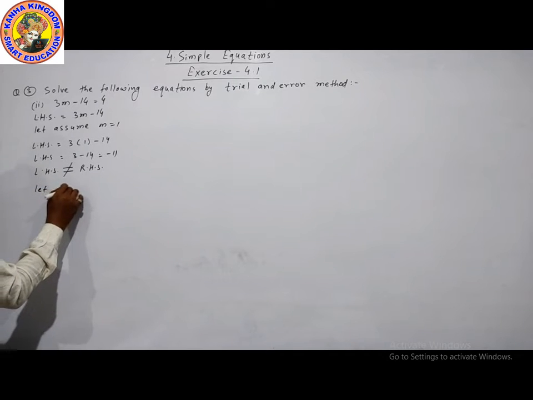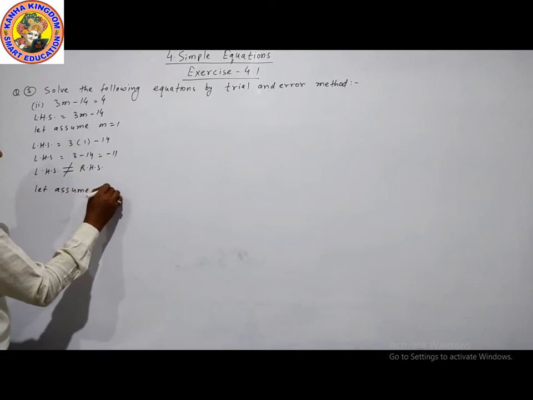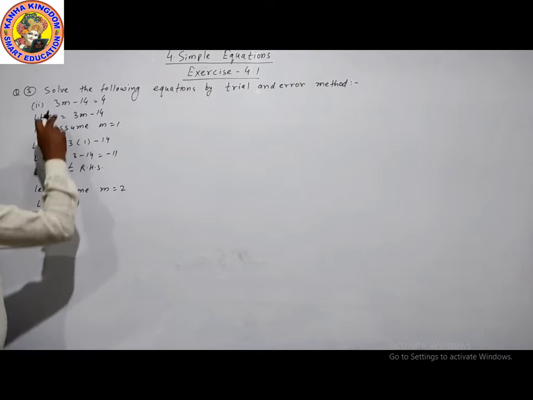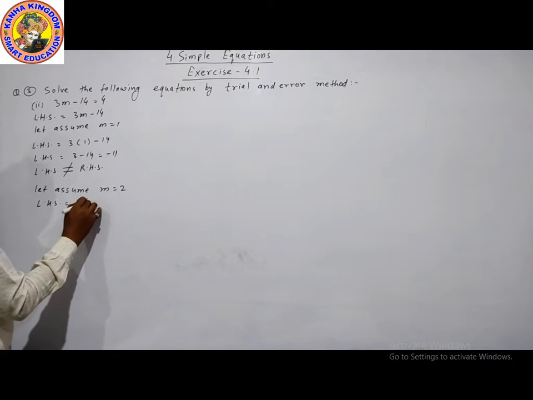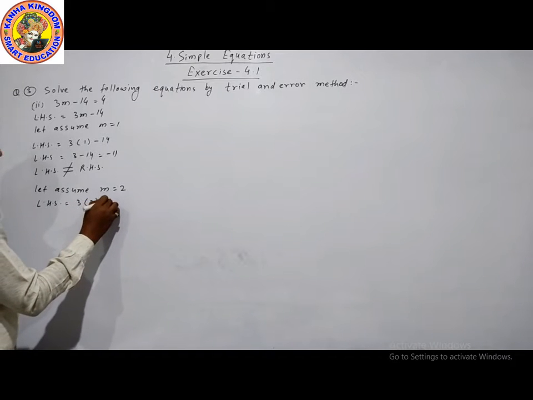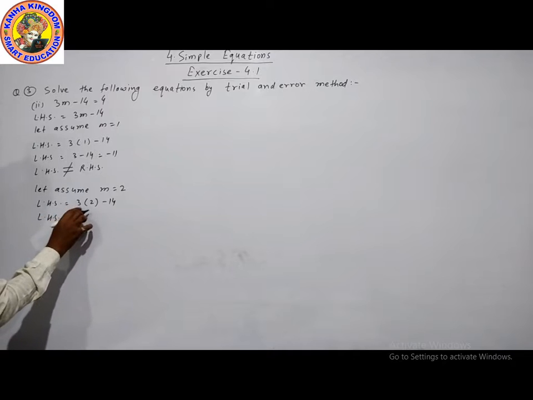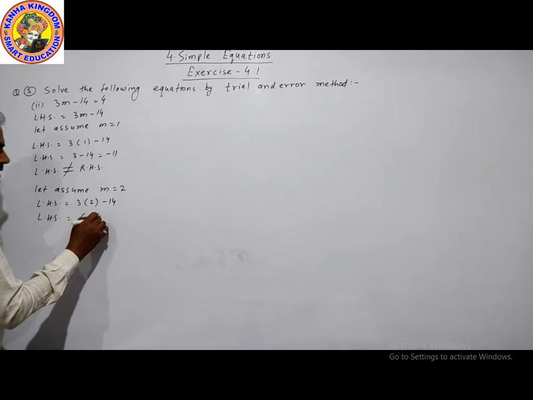Let us assume m is equal to 2. Taking the next value, m is 2. Left hand side is equal to 3 into the value of m, 2, minus 14. The left hand side is equal to 6 minus 14.